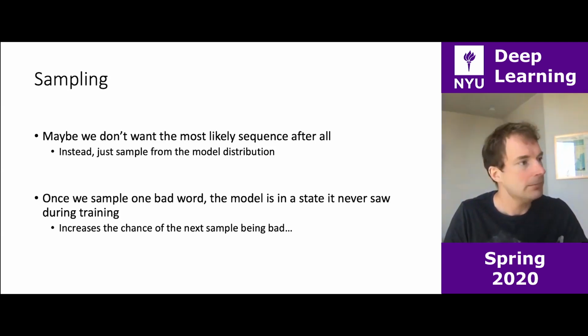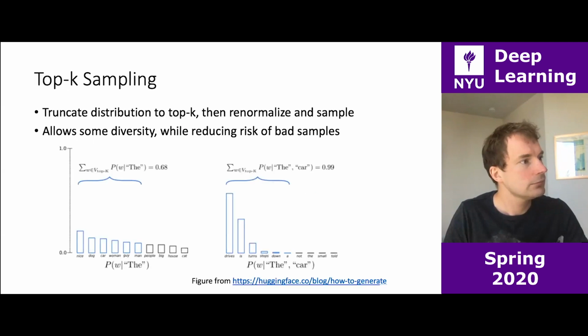Okay, all right, so here's something that actually does work. It's the technique that was used to get those beautiful outputs we had before. Unfortunately, it's not a very satisfying technique, but it's here for disclosure. This is called top K sampling. It was introduced by Angela Fan a couple of years ago.